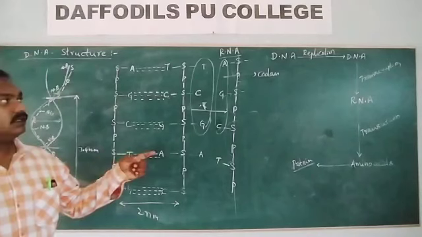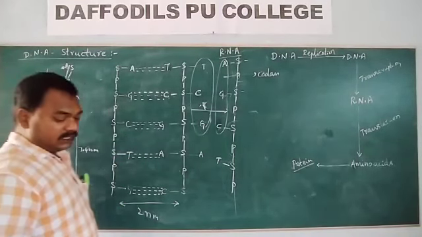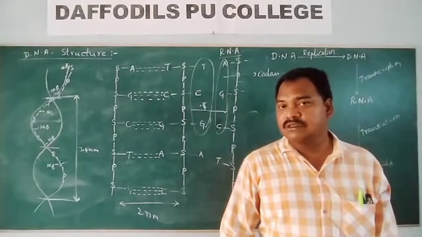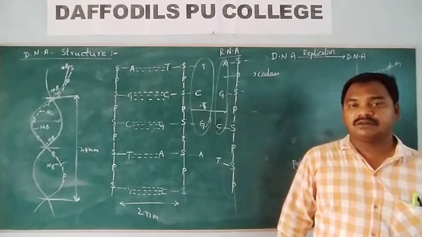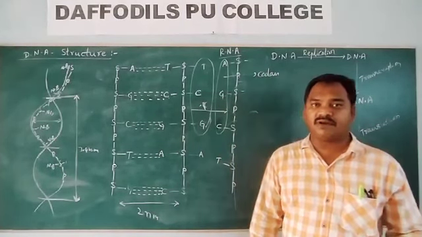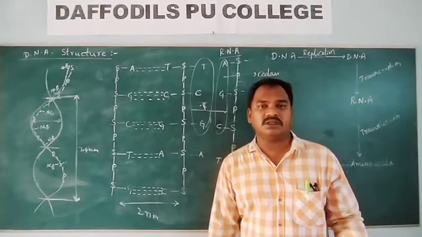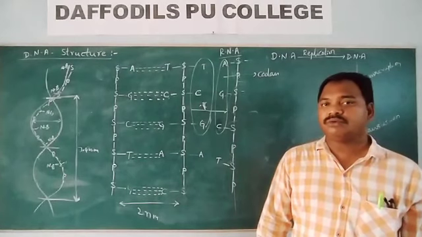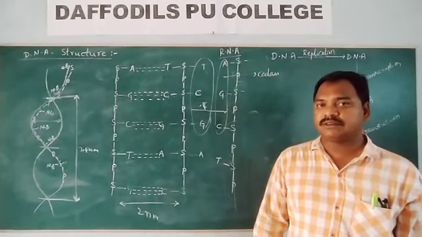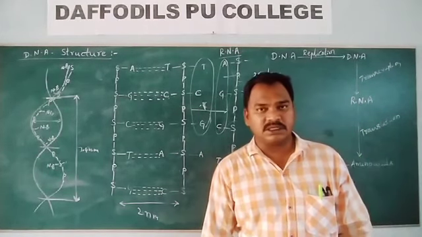So this is about the RNA. Now we have to discuss the biological functions of DNA. Our genetic information is carried from one generation to another generation through DNA. Based on this, DNA fingerprinting techniques are there.